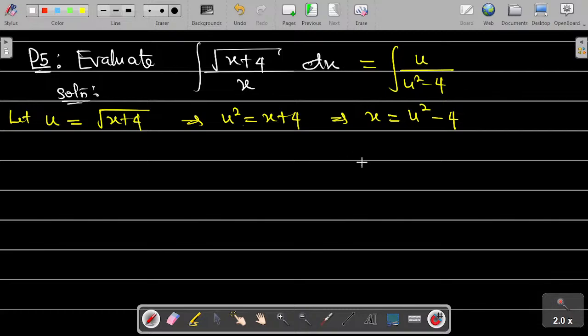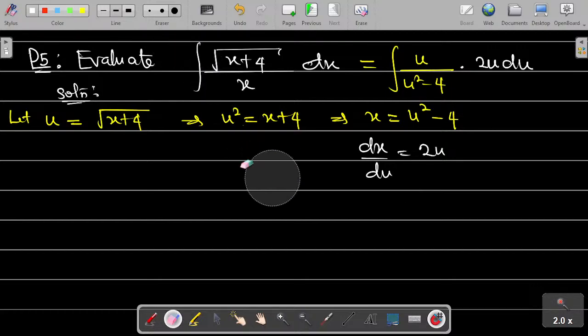So if we differentiate x with respect to u, we will get 2u. This will turn to 0, so that means our dx is 2u times du. That's if this one crosses over. So we just have multiplied by 2u then du. So everything we have now is in terms of u.